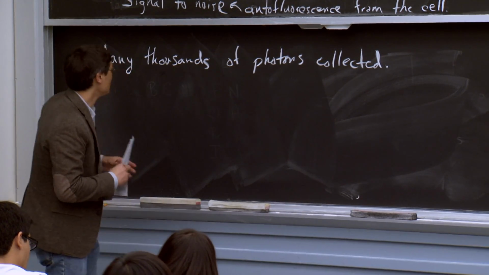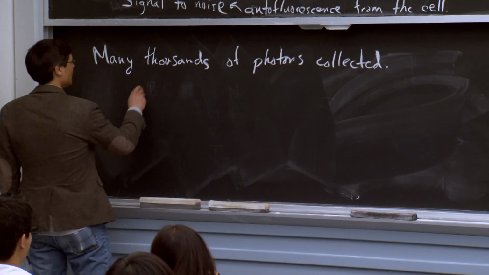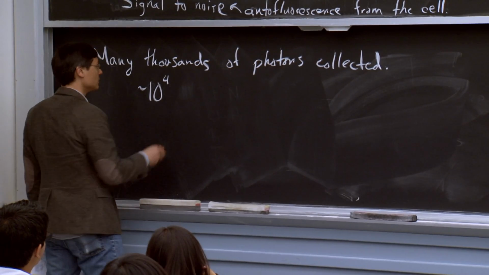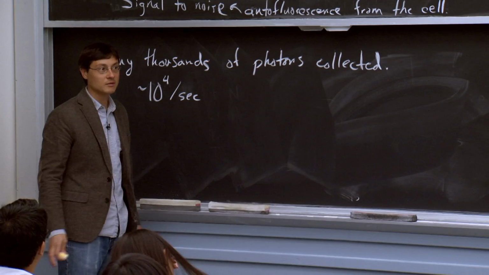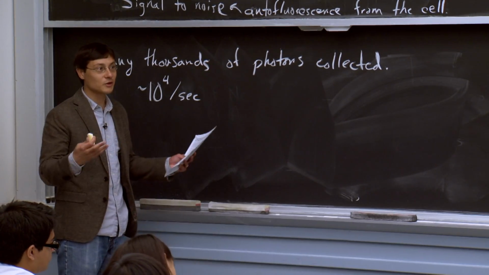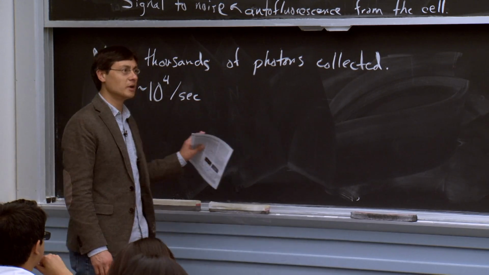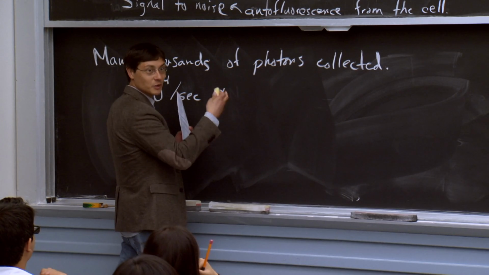In these sorts of situations, you might get, say, 10 to the 4 plus or minus an order of magnitude photons per second, and they might last, depending on how long, for 30 seconds or so, and of course we'll look at the actual numbers in this paper. But in many of these situations, times 10 to 100 seconds.